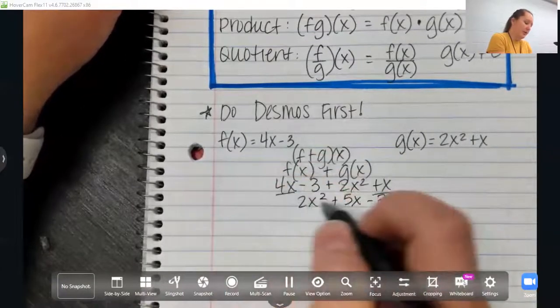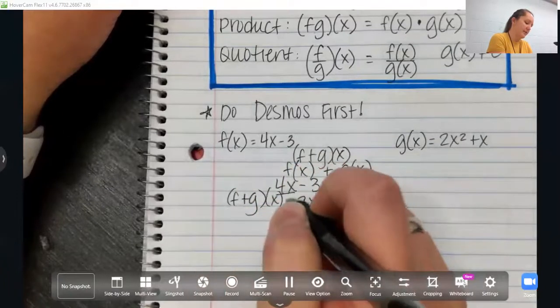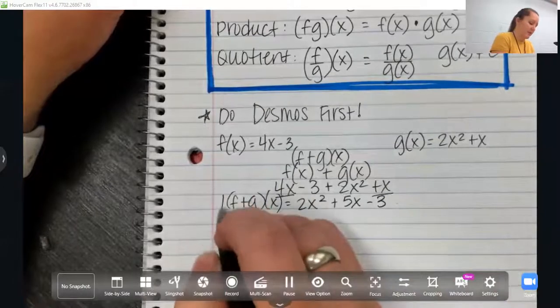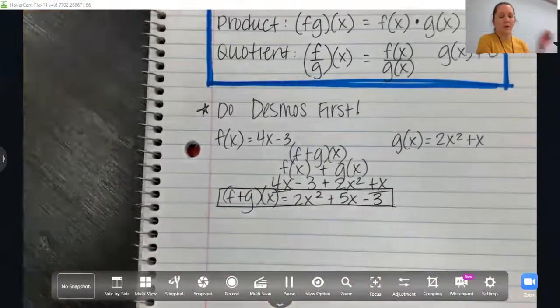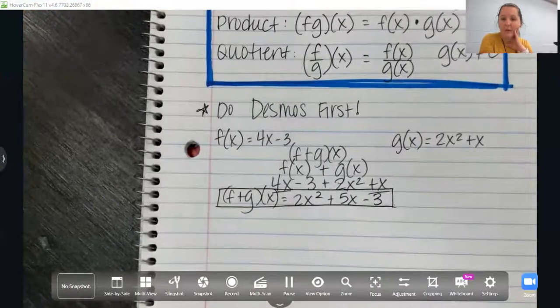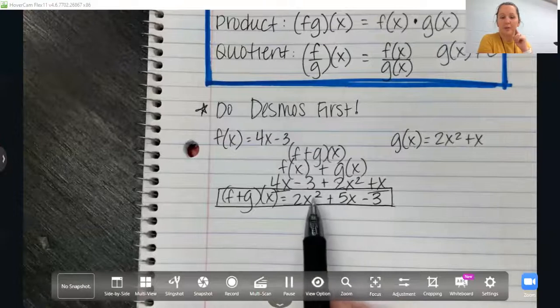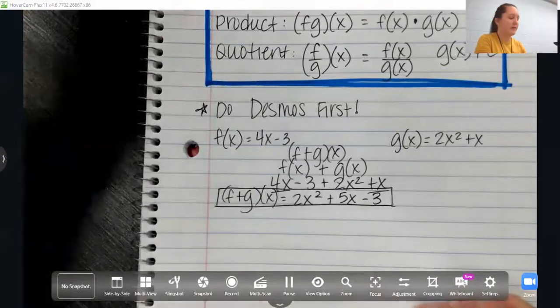So we're going to call this f plus g of x equals 2x squared plus 5x minus 3. So that's your algebraic method or model. What we saw on Desmos is that it was a parabola. So we know this follows our quadratic function, right, in the way that it would look. So we know that we are correct.